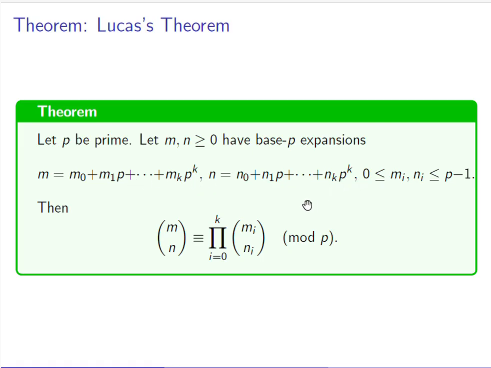Anyway, the main thing here is to show that m choose n is just the product of m_i choose n_i, i going from 0 to k, mod p. So if you want to compute this combination, m choose n mod p, then the answer is just this, which makes it really easy. If you can obtain the base p expansion, which is really easy to write down, then you can calculate what m choose n is mod p.